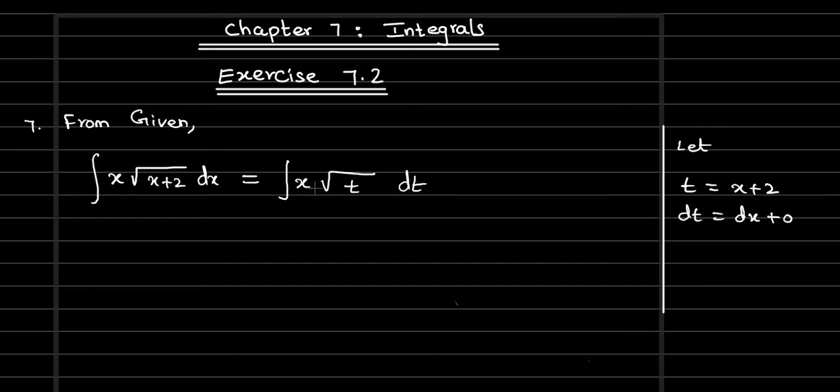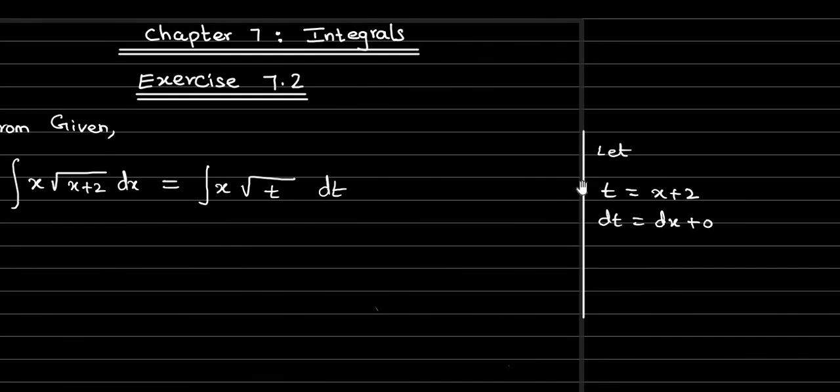So now we are going to find the value of x in terms of t. Using the condition we have taken, t equal to x plus 2, sending 2 to the other side, we get t minus 2 equal to x. So we got the value of x in terms of t. In place of x, we are going to replace t minus 2.